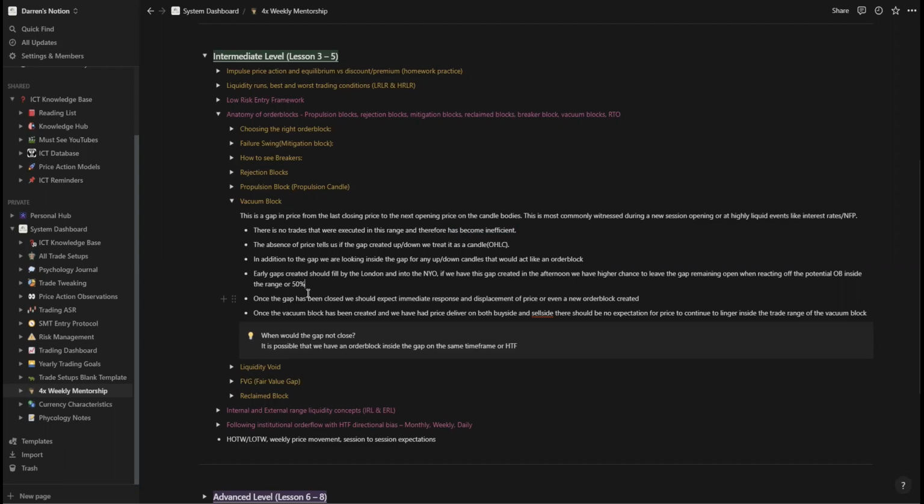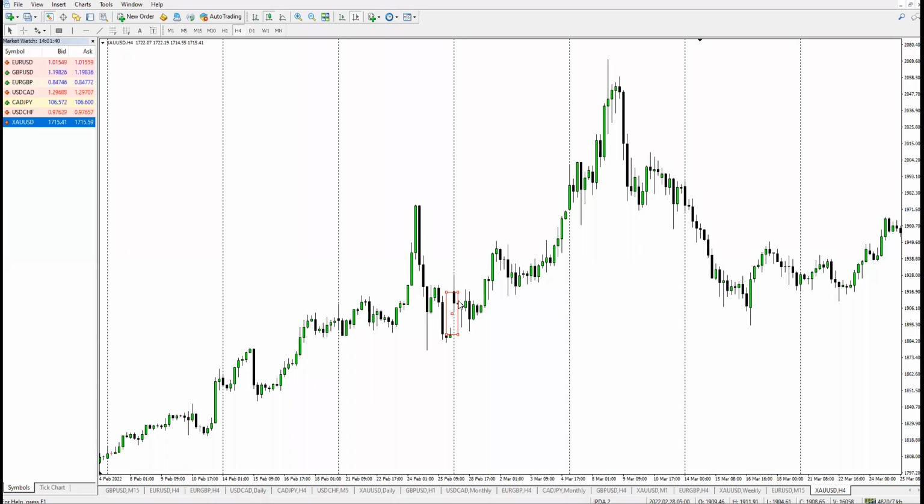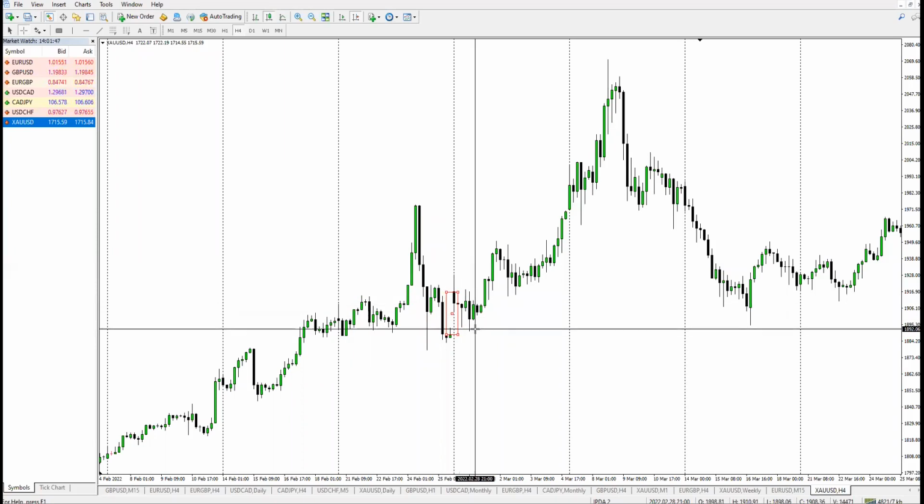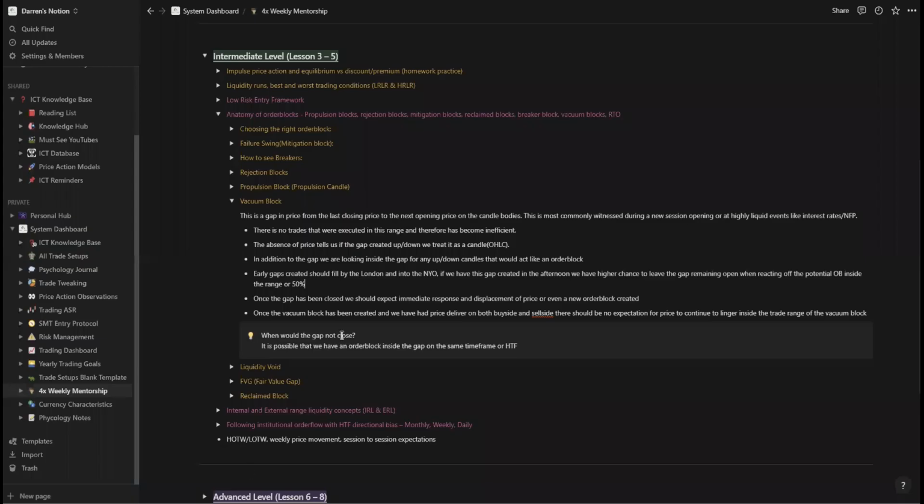But if it's already closed or coming into it before the London, then take the trade, for example. So that's what we see here, that the London session would have traded to close the gap. But if we get it in the New York session, then that gap may not fill. That's what that rule says.